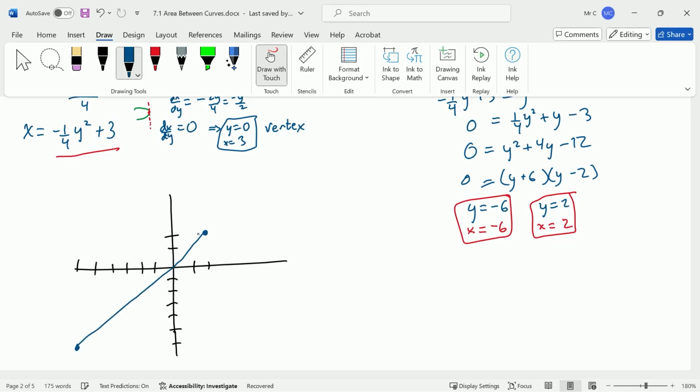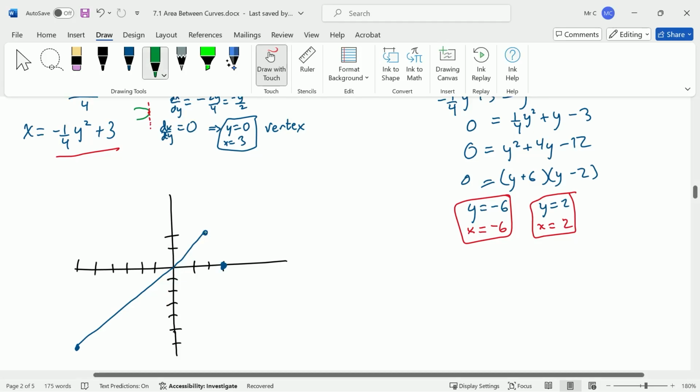There we go. And then our parabola should have a vertex at y equals 0, x equals 3. So that's here. And it should look like a parabola facing to the left. Okay, so now I've got my graph, and actually I'm going to change the parabola to a different color just to make it a little bit more clear.